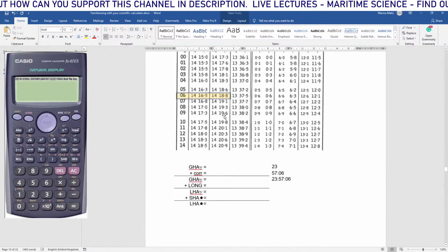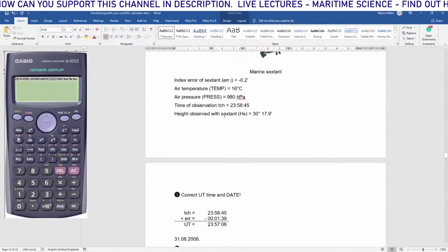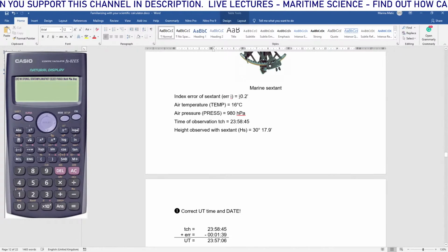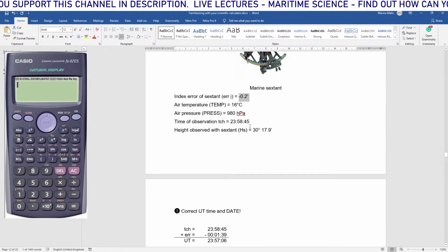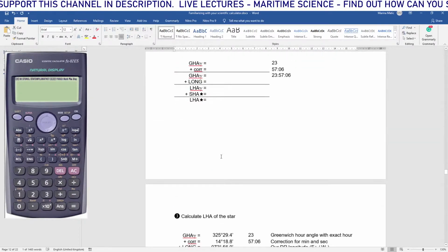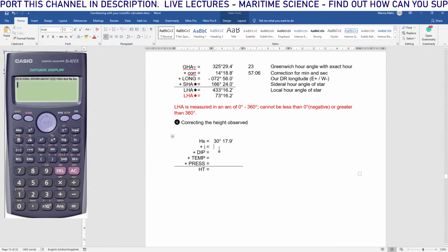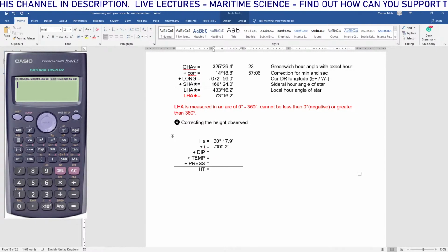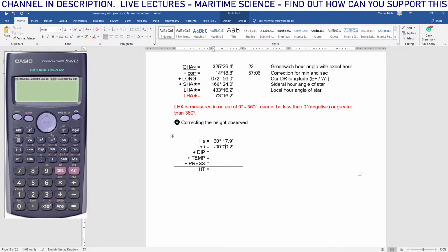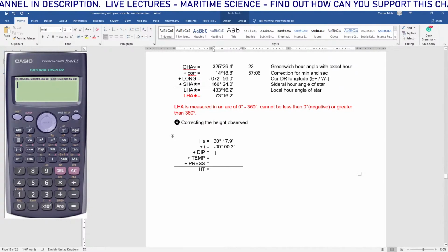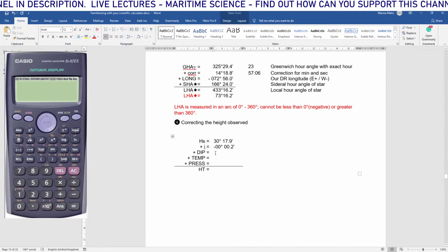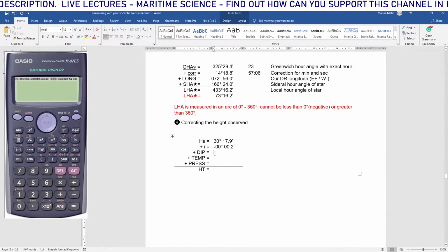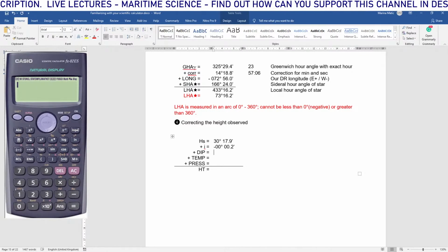Index error, yes, the span of my memory is 0, so index error is, now this is very important, minus 0.2, but in order to avoid mistakes, we need to write down the full value. So full value is 0 degrees, 0.2 minutes. So it's not 0.2, it's 0 degrees, 0.2 minutes. Now the temperature, pressure, and dip is what we need to get from the table.